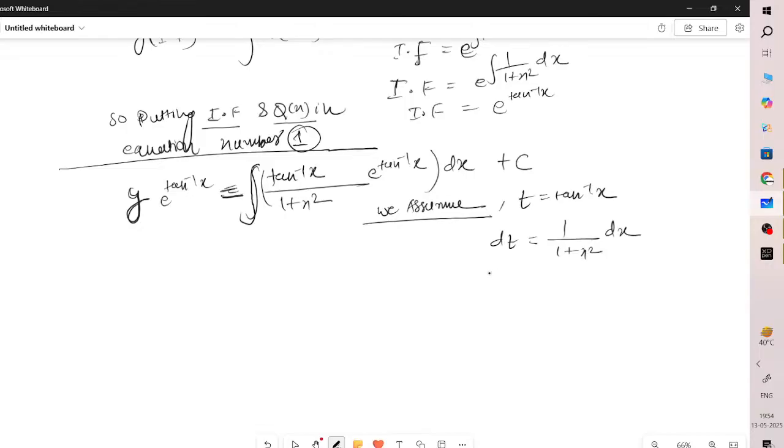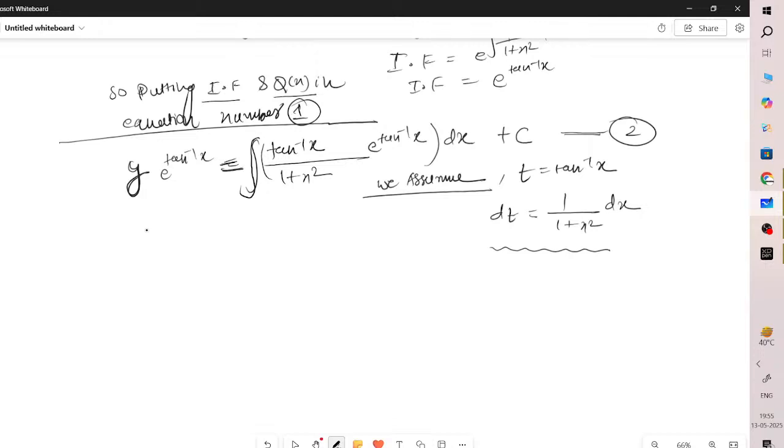Now we put these values, t and dt, in this integral, let's say integral 2.